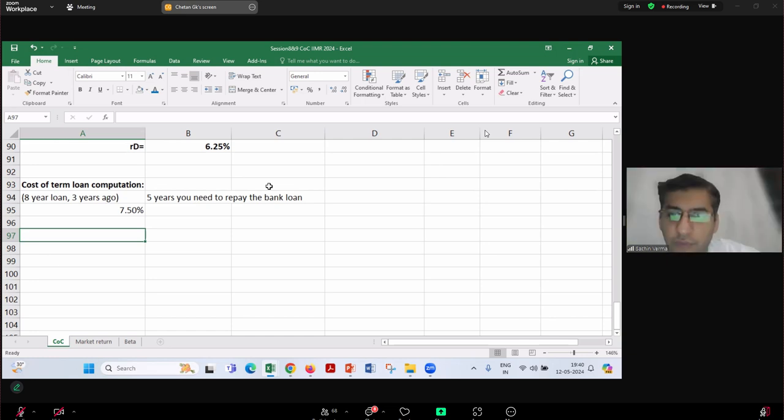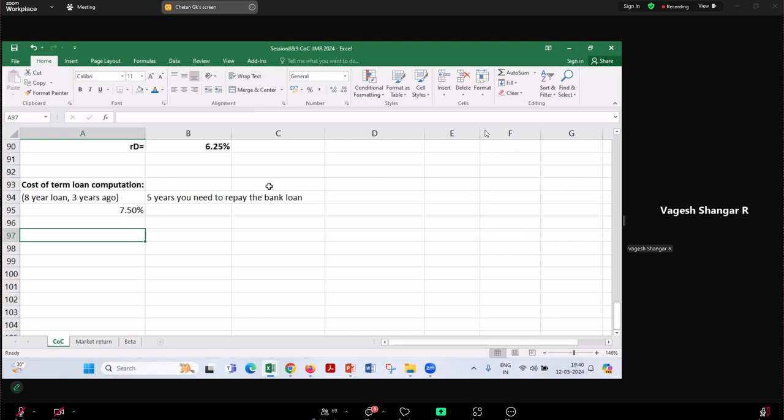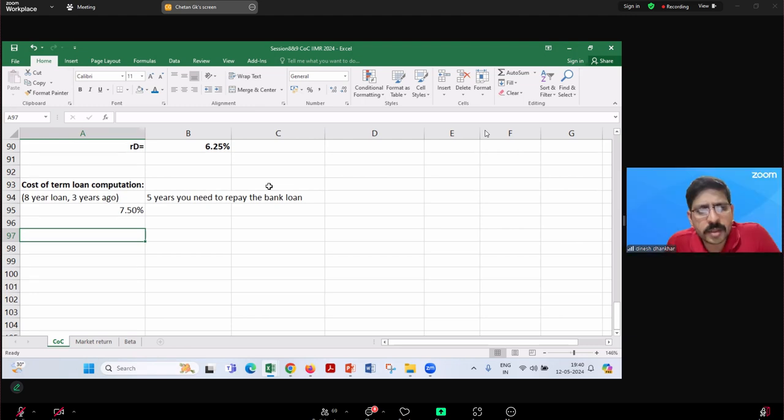If it is fixed. But something could have been paid, isn't it? No, for 3 years you have been paying EMIs. Part of your principal amount is also repaid, right? That is what you are saying. Yes. But still, 7.5% is your loan rate.